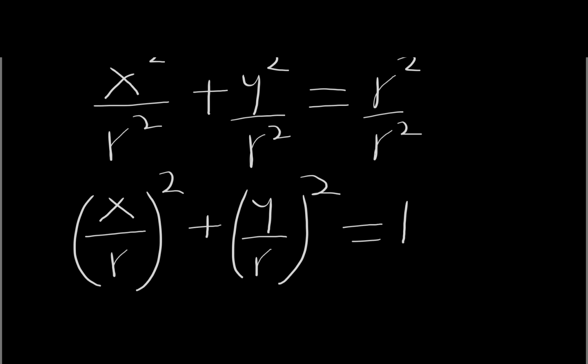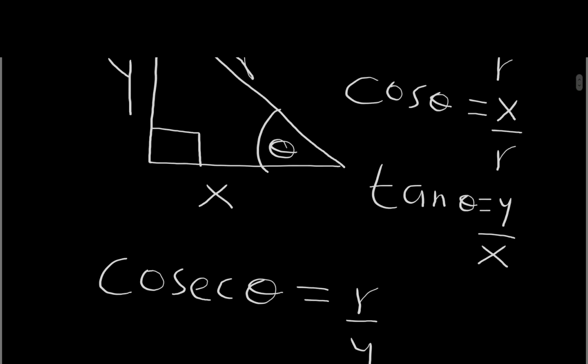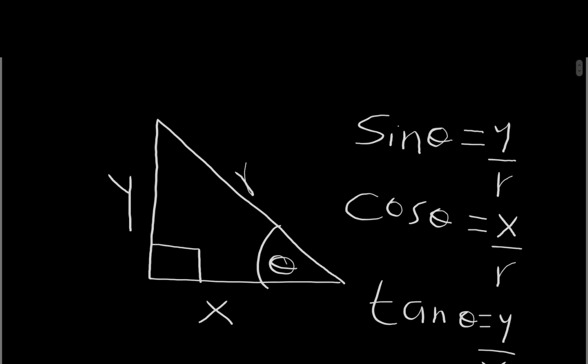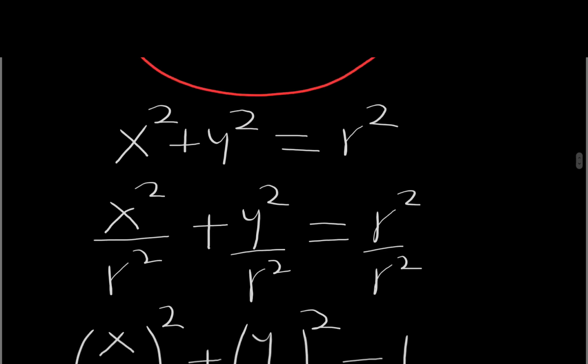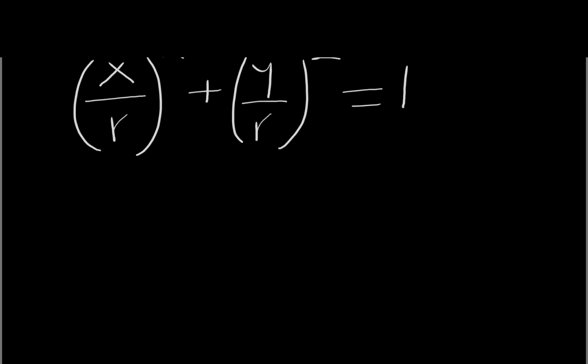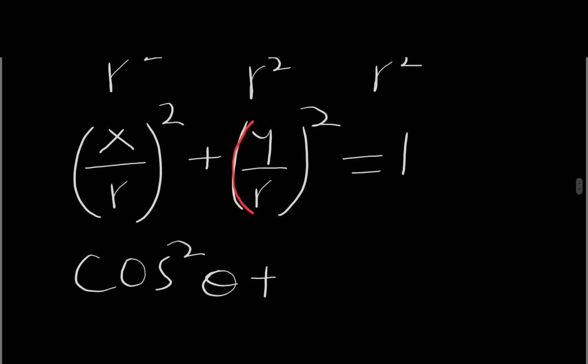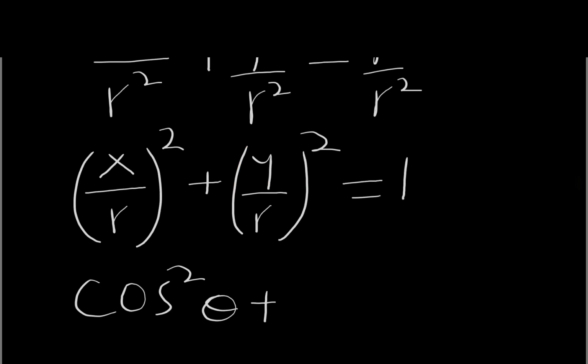Good. So what is x over r? Let's check it and see. X over r is cos theta. So in place of x over r, I will write cos theta. So I now have cos squared theta plus, what is y over r?